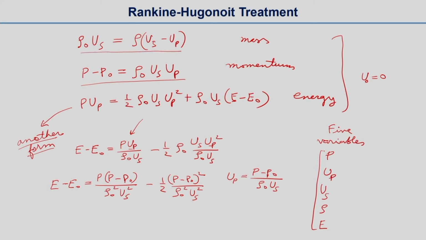So from the conservation of mass, if we use it, we will get an expression like this, which will be equal to minus rho Up, and again if we use the conservation of momentum, that will give us something like this.